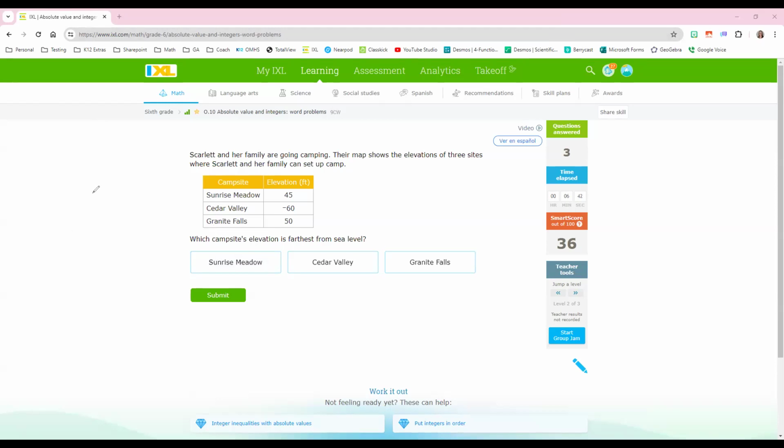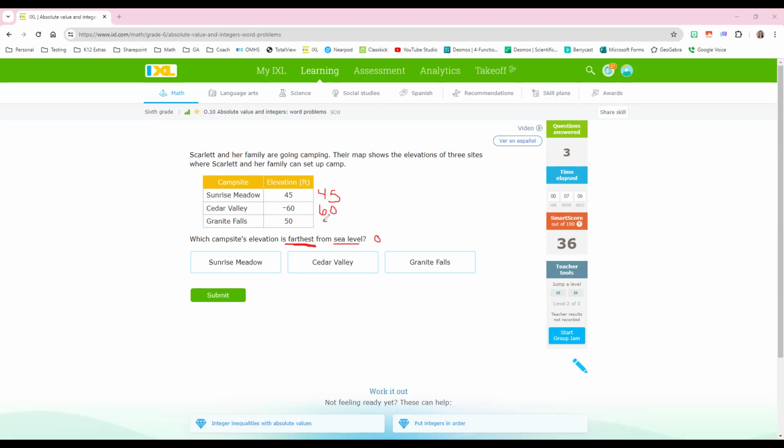We want to know whose elevation is farthest from sea level. Remember, sea level is another word for 0. So we're going to take the absolute value so we can compare these on an even playing field and see which one's the farthest. So the absolute value of 45 is 45. Absolute value of negative 60 is a positive 60.